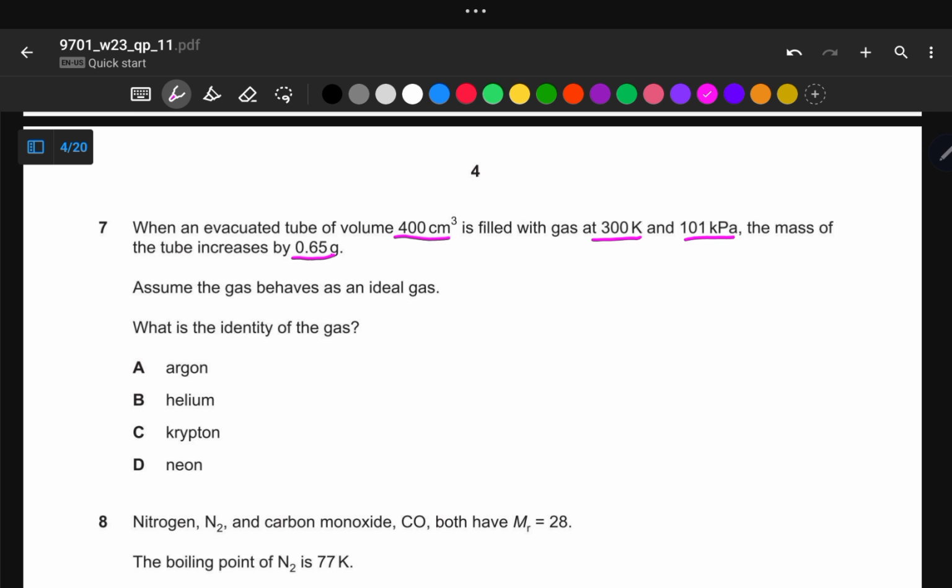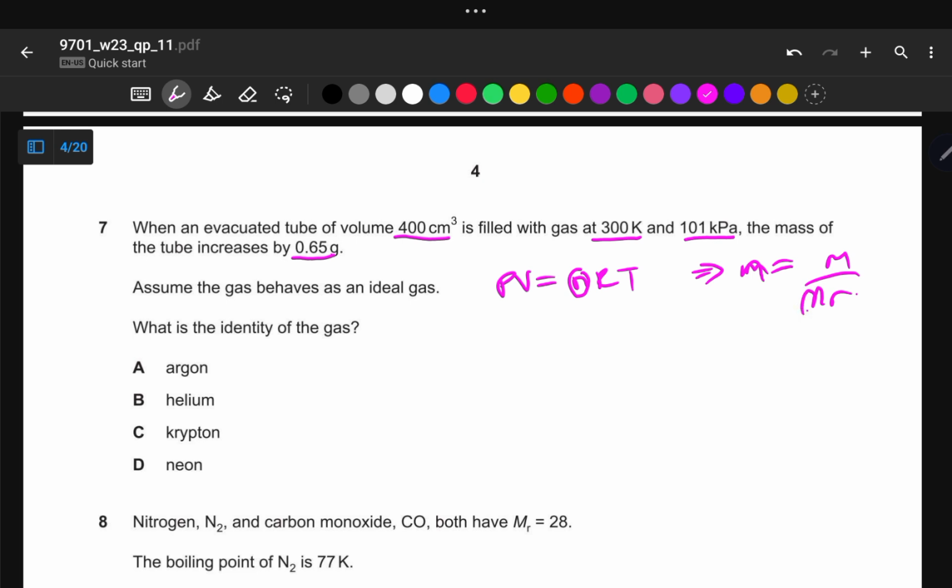What is the identity of the gas? For an ideal gas we use PV = nRT. We want to find the identity of the gas. n is the number of moles, so we can derive the molecular mass from this n by using the formula n = mass over Mr.